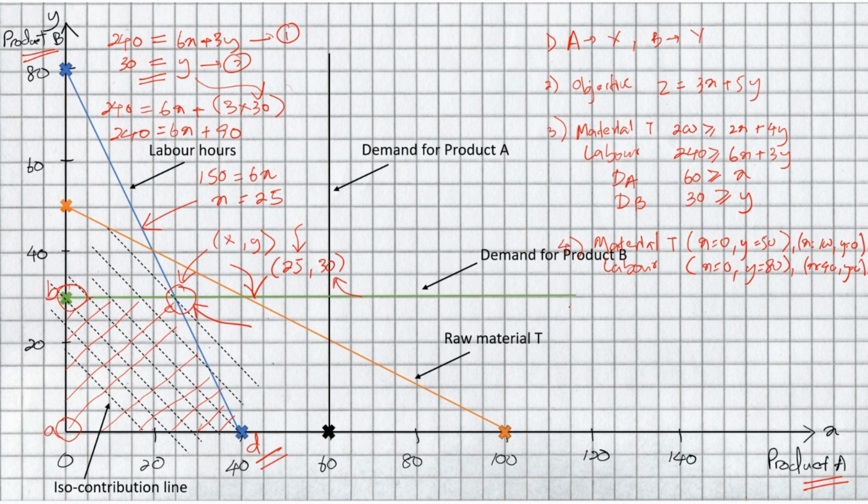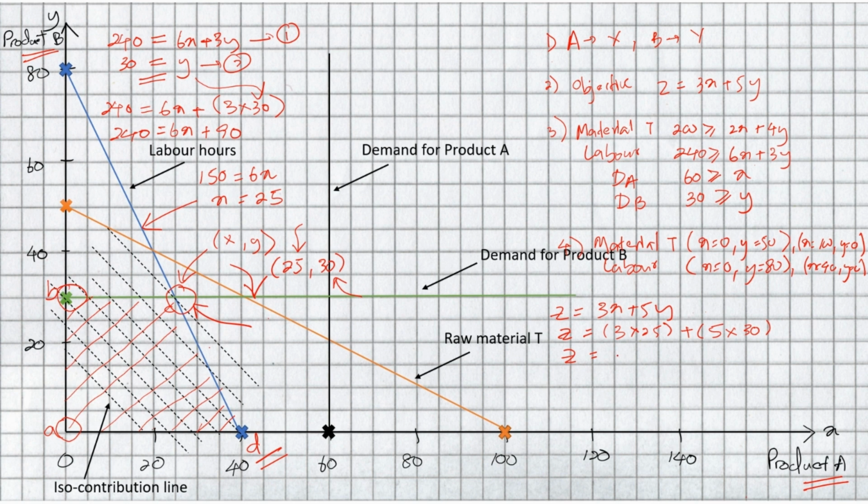Now let's assign the x and y values to the objective function so that we can calculate the maximum contribution that the company is going to earn at the optimal feasible point. This is the objective function. Let's assign the x and y values. 3 multiplied by 25 plus 5 multiplied by 30.